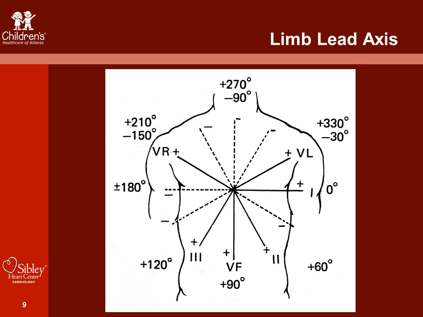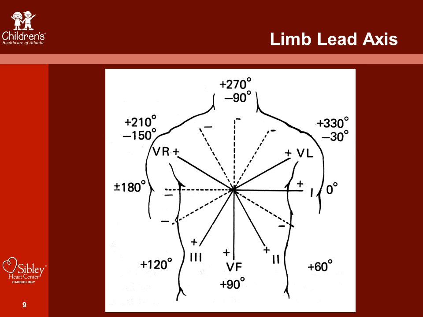This cartoon is important to put to memory, because if your QRS complex is predominantly upright in lead 1 and predominantly upright in lead AVF, then you know that your depolarization axis has to be from the sinoatrial node down through the AV node, then down through the Purkinje system.